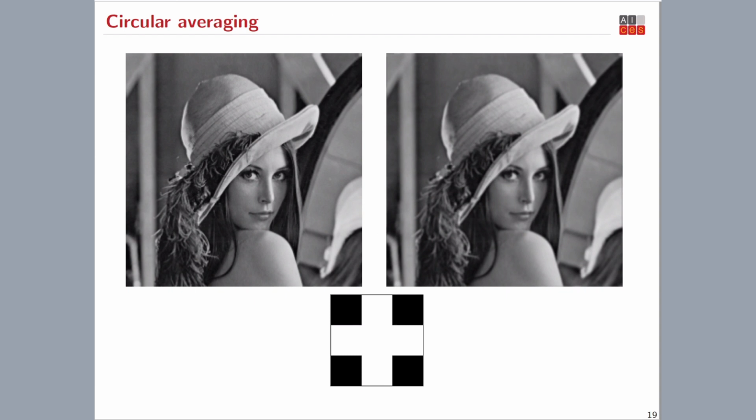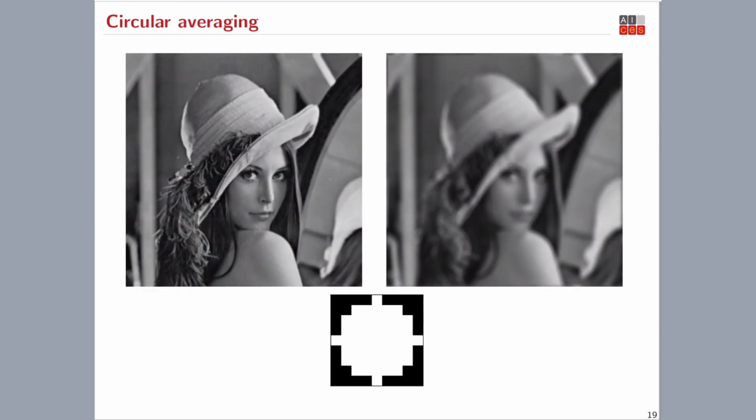That's why it's looking like a cross. And here the circle is getting bigger and bigger. And you can see that the image gets more and more blurry. You can also see that the noise is reduced, but the price of this very simple averaging is that you lose all these sharp structures.